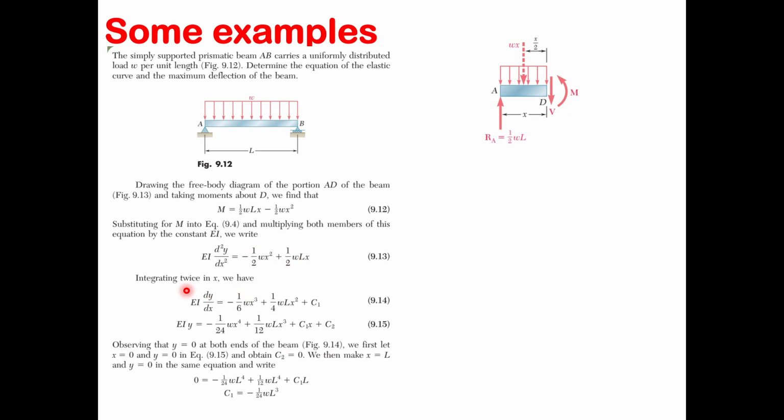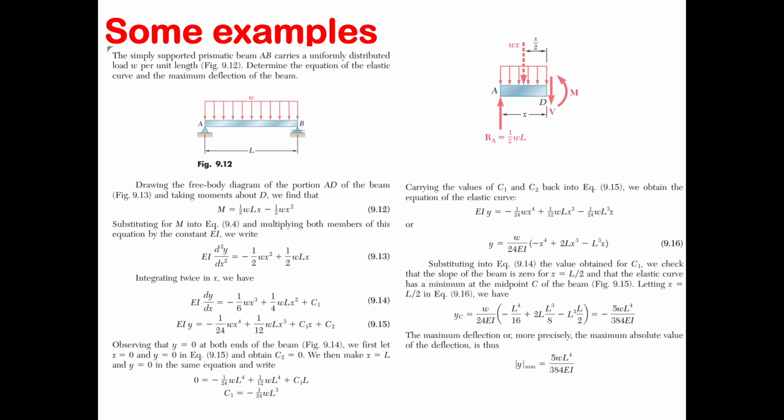And then afterwards, just the same mathematics with, of course, different boundary conditions for C1 and C2. You plug those in, you find the maximum equation. We also don't need to take the derivative to find the maximum deflection here, because it is very obvious that the maximum deflection will happen at L over 2.